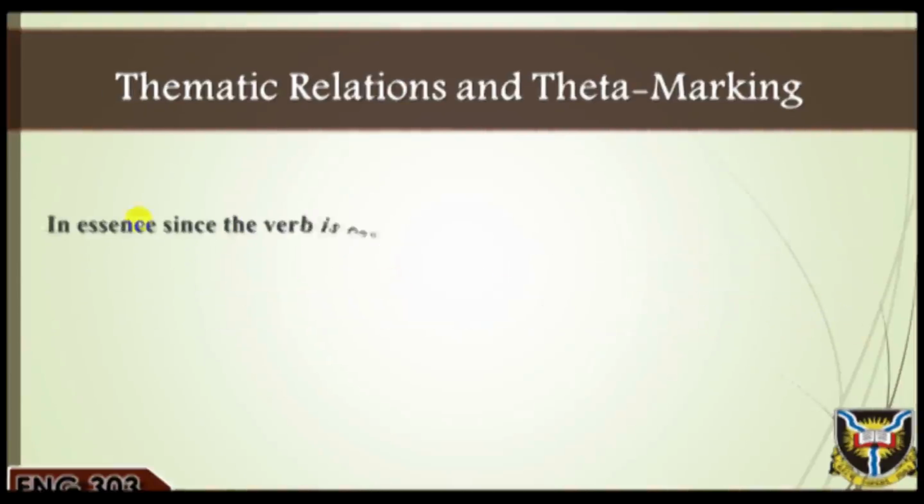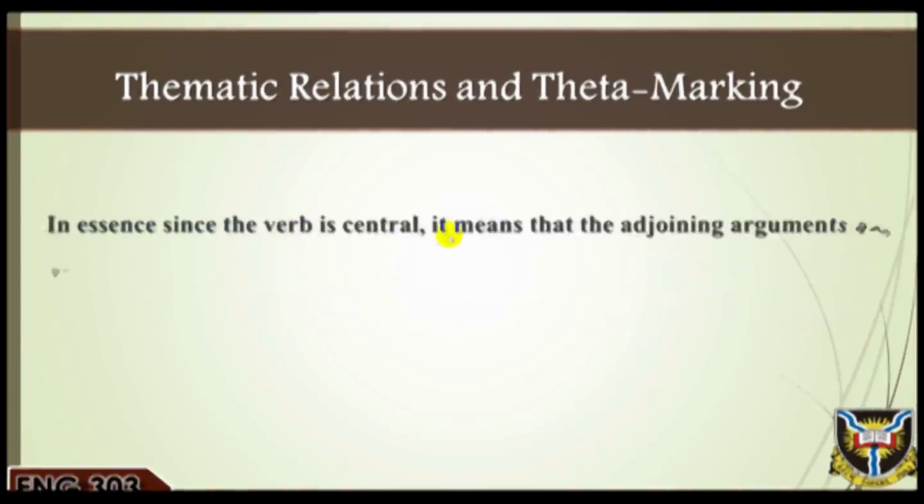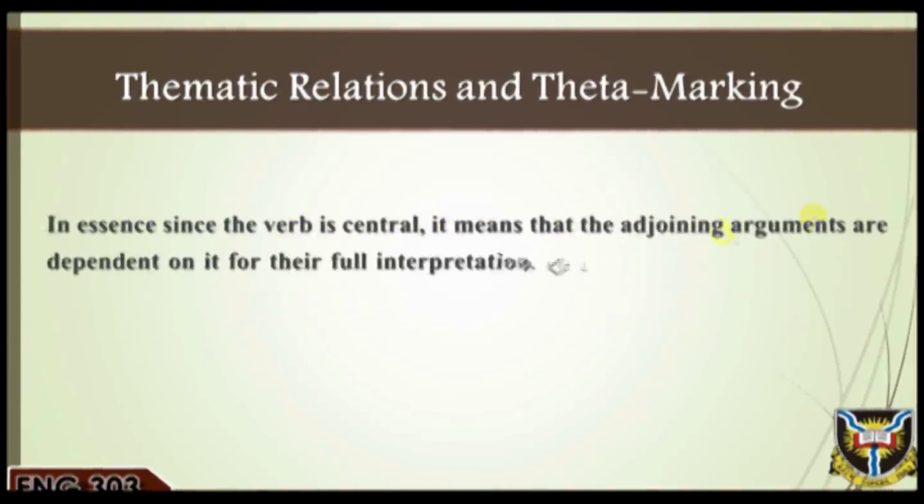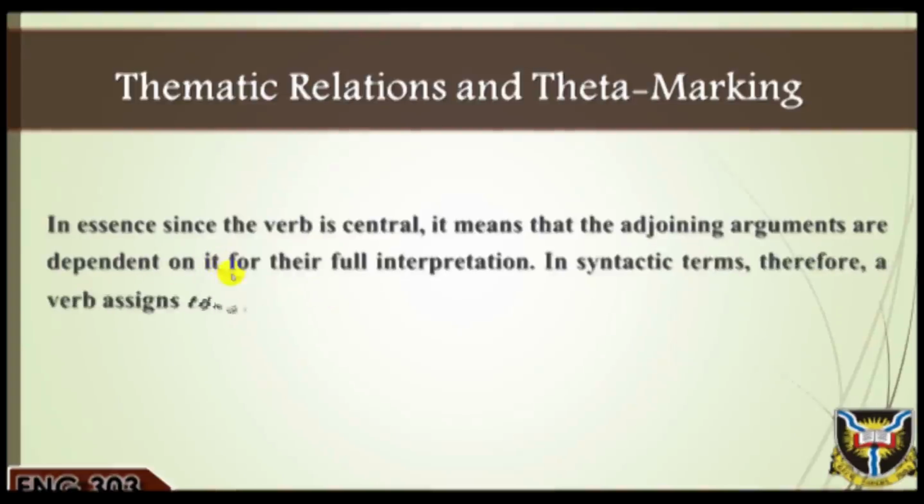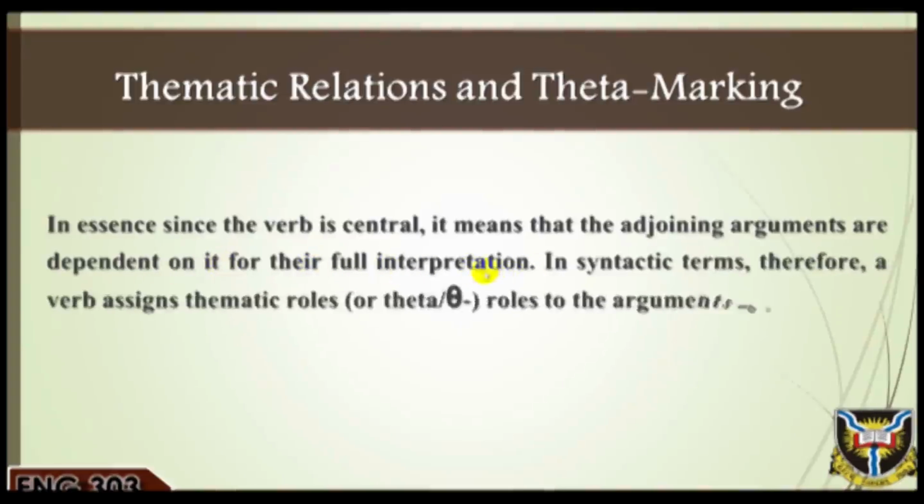In essence, since the verb is central, it means that the adjoining arguments are dependent on it for their full interpretation. In syntactic terms, therefore, a verb assigns thematic roles or theta roles to the arguments in a sentence.